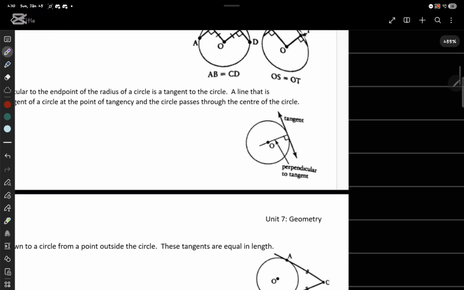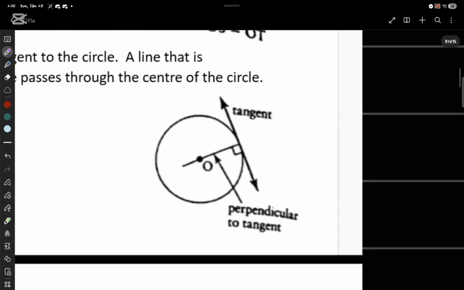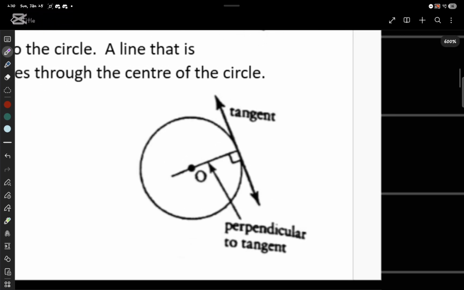And what this theorem is saying is that for a tangent that touches the circle at a point, let's call that point P, the tangent and the radius at point P form a 90-degree angle.